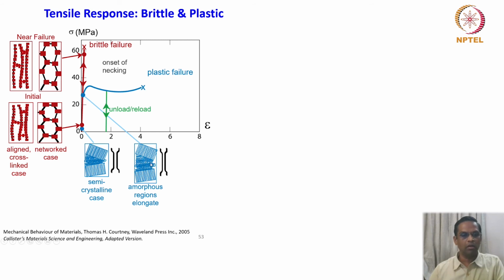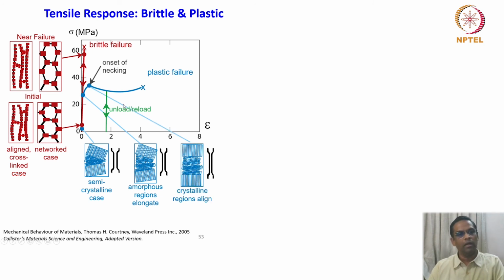These chains are all randomly oriented here. As the strain increases, the schematic clearly shows that elongation. So this point is before the yield point, still in the elastic. So it's exactly on the onset of necking.